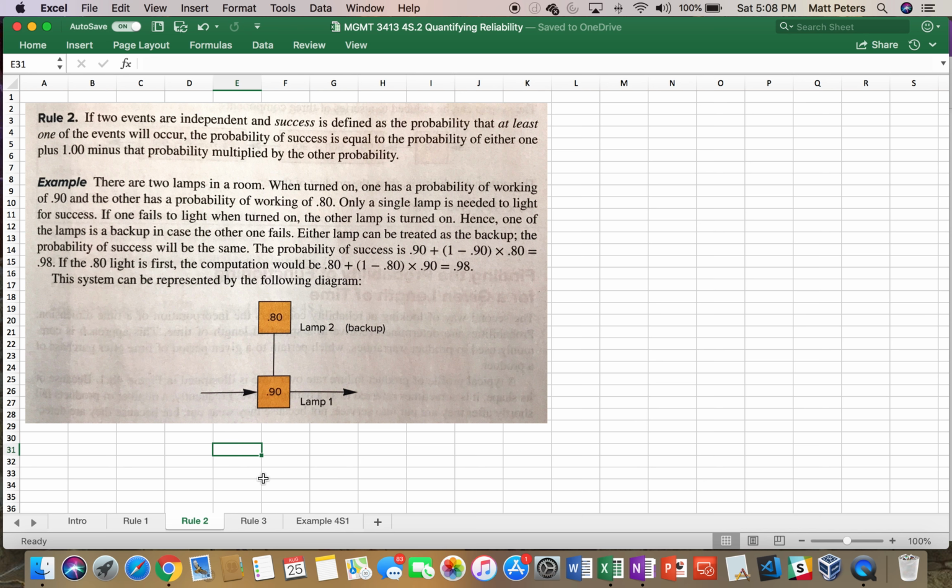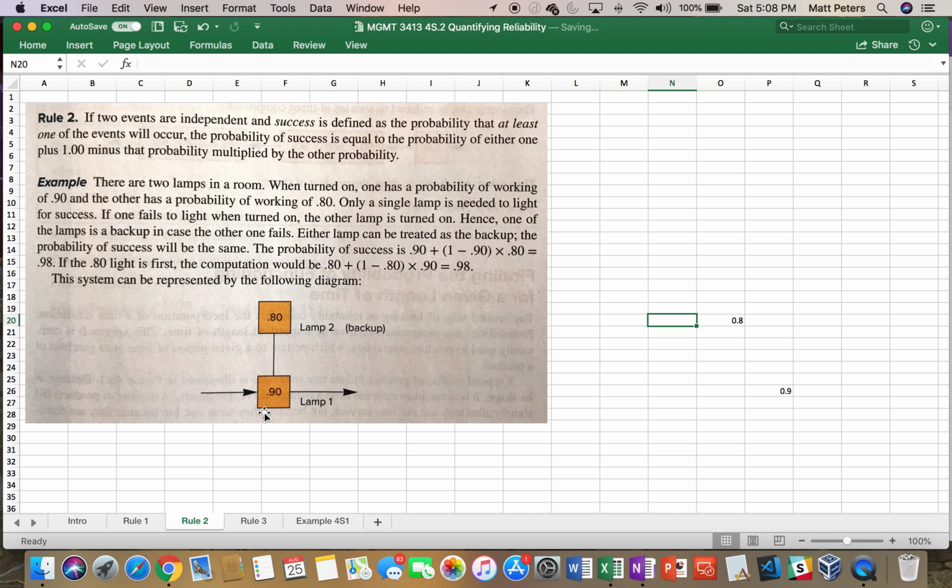Okay? So to calculate this, we'll do it over here to kind of line it up. Lamp 1 has a 90% chance of working. Okay? Lamp 2 has an 80% chance, but it only tries to work if lamp 1 doesn't work.